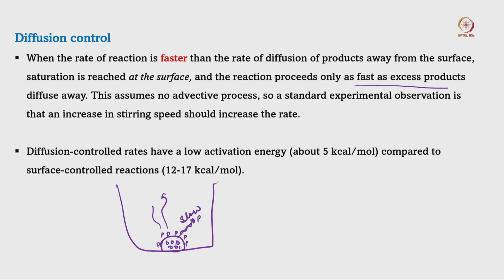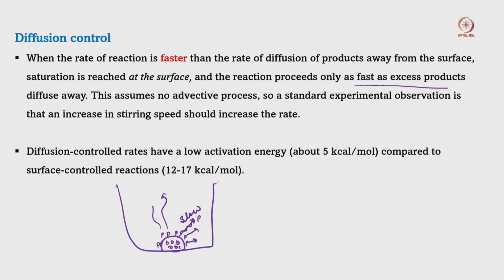And it is seen that if you are just going to stir the reaction, if you are just trying to move away the products, then the reaction rate increases. Simple reaction, you are trying to dissolve sugar in water. So, what you do? You just stir the water and the sugar will dissolve faster.